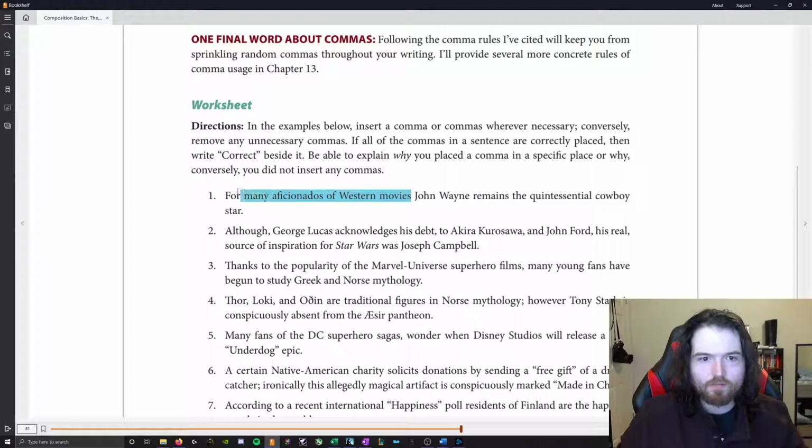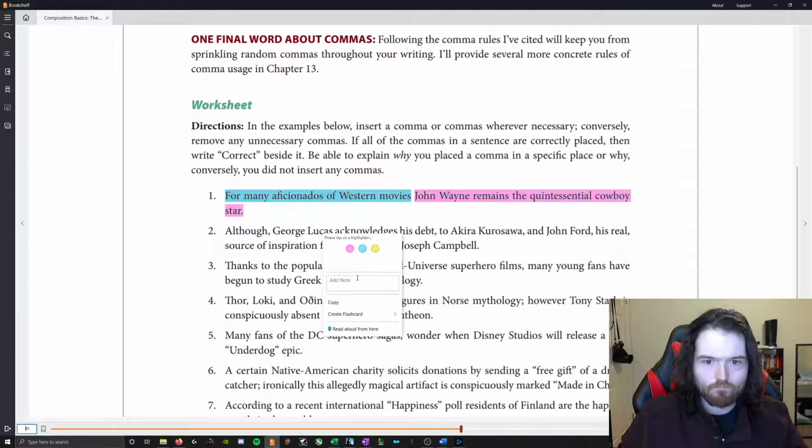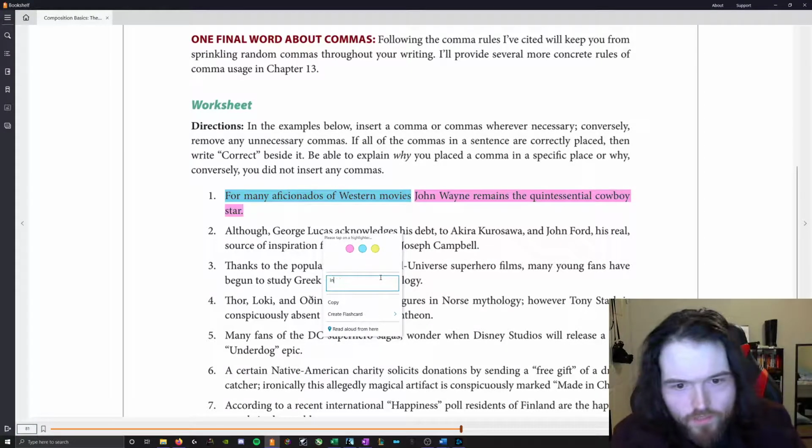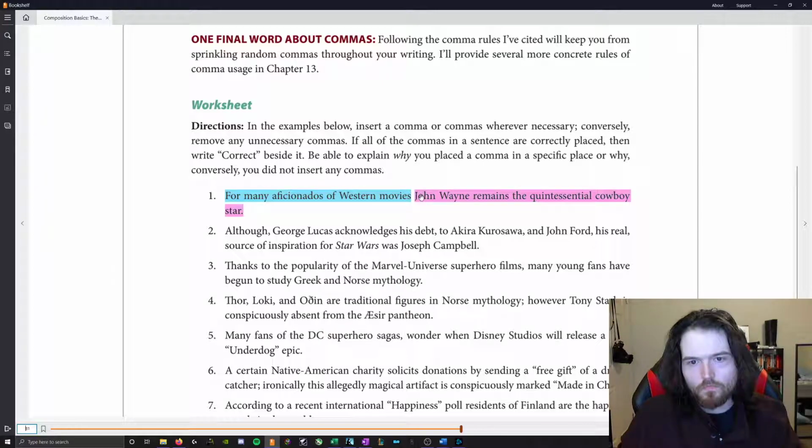So we can separate this into two different halves. We can call this one the introductory clause. And we can say that John Wayne was the subject. This is the verb. And we have a direct object over here. So the comma needs to go right there.